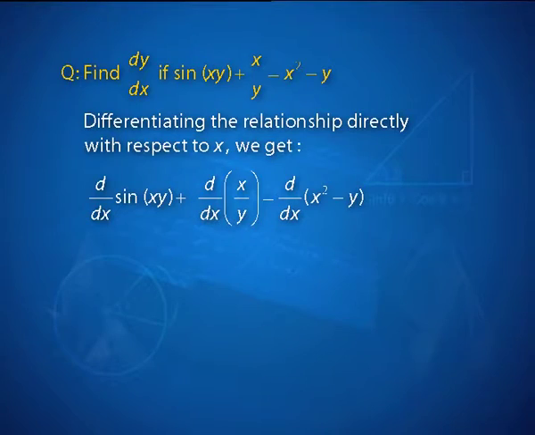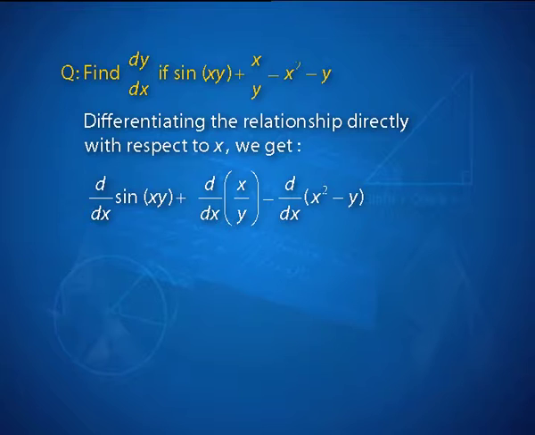Let us consider one more problem and see if there are other things that you need to be careful with. We have the question which says find dy by dx if sine of xy plus x by y is equal to x square minus y. Again, differentiating the relationship with respect to x, we get derivative of sine of xy plus derivative of x by y is equal to derivative of x square minus y.